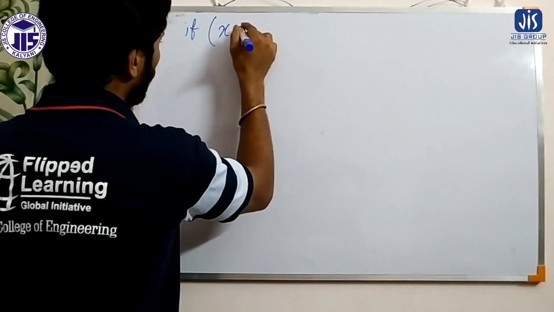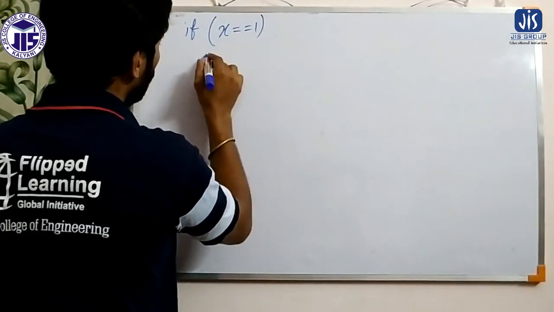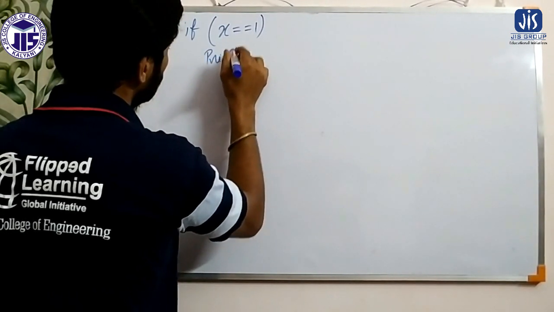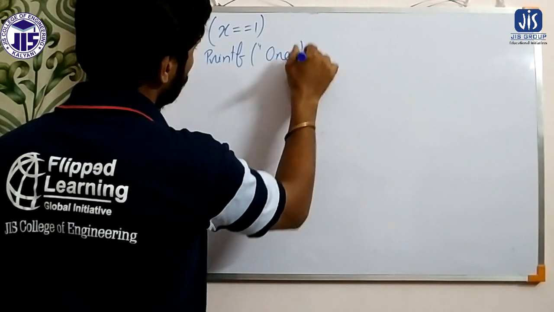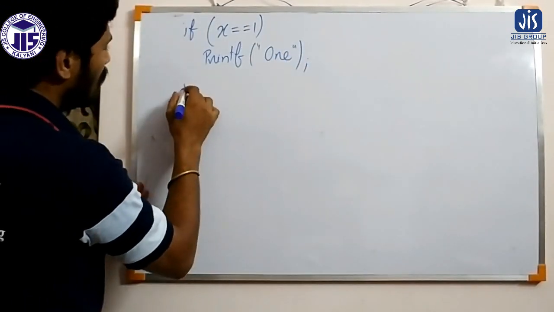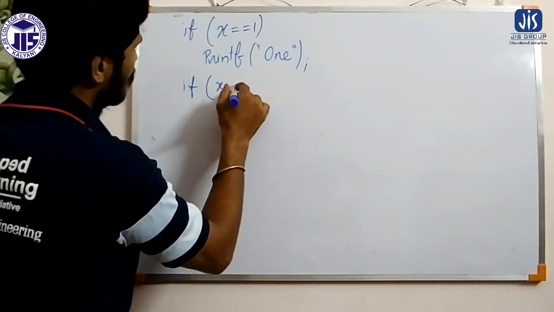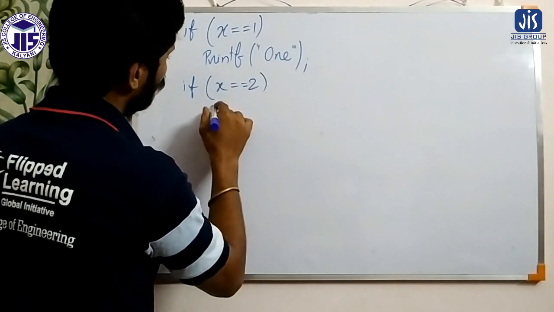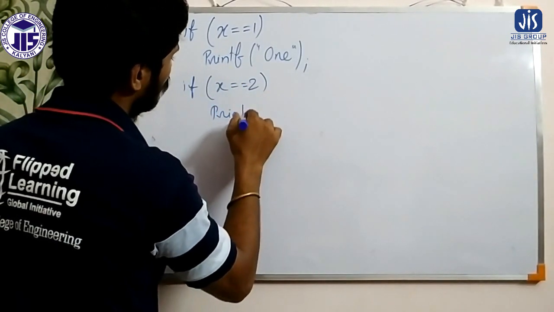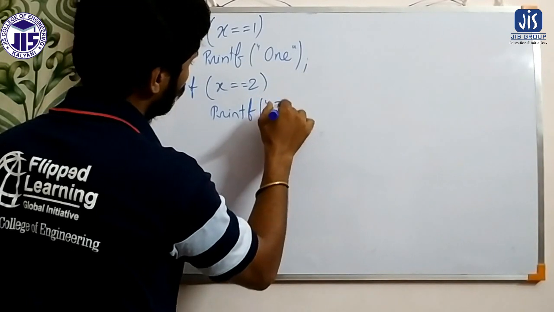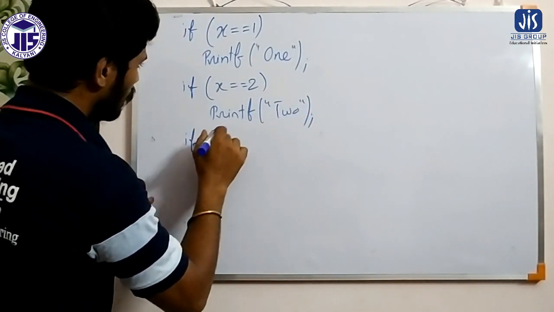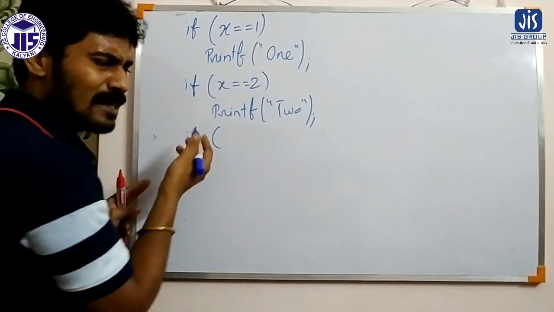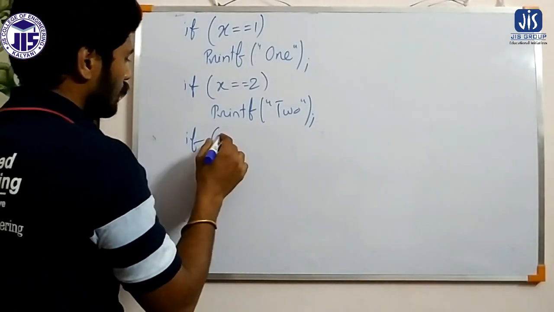If x equals 1, then printf 1. Next we write if x equals 2, printf 2. Next we write if, or you can write simple if also, no problem.